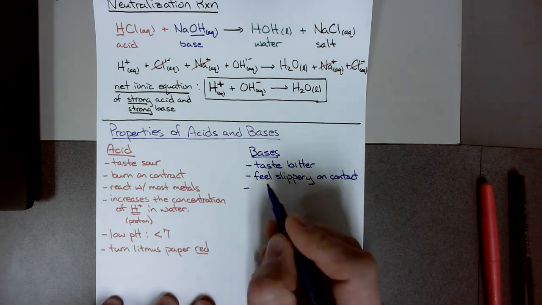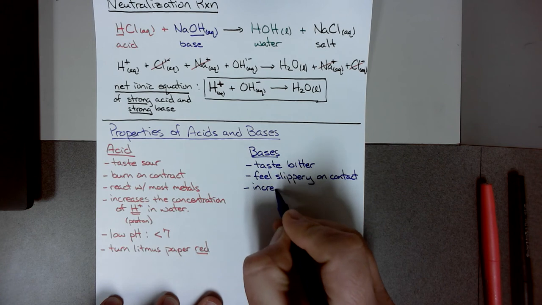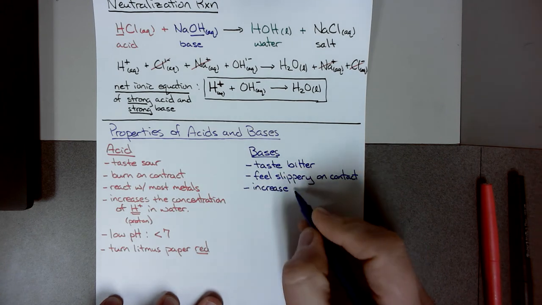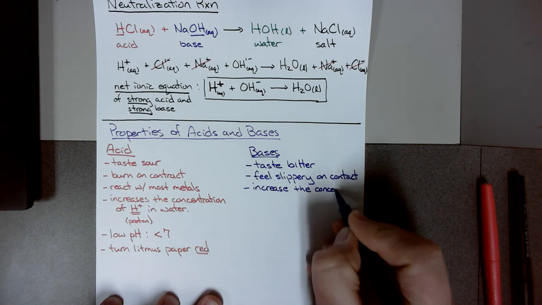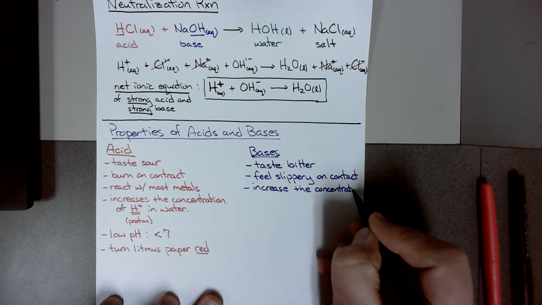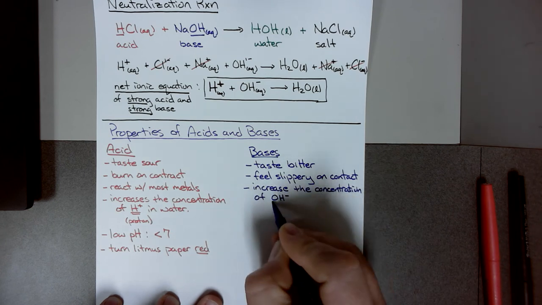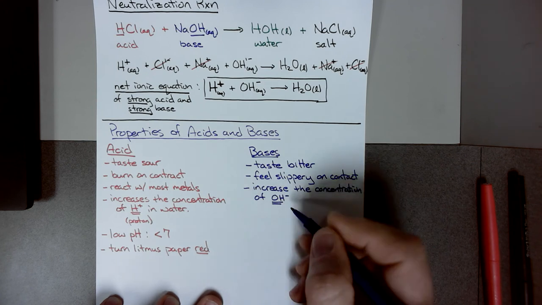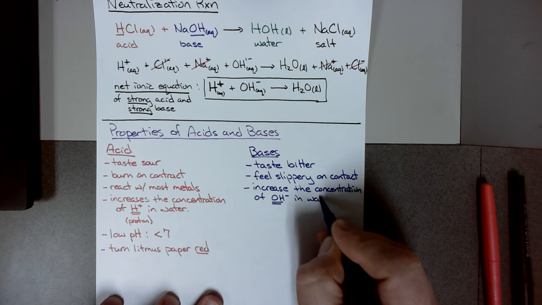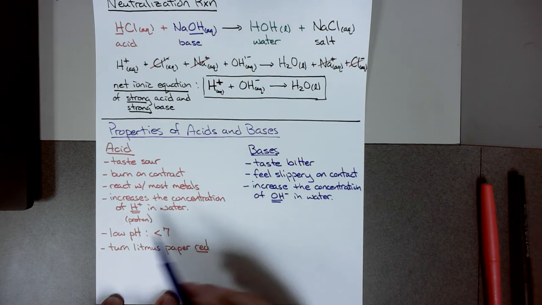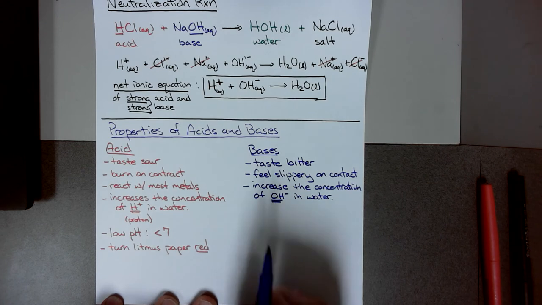Now, bases increase the concentration of OH minus in water, or hydroxide ions in water. Okay, so acids increase H plus, bases increase OH minus concentration.